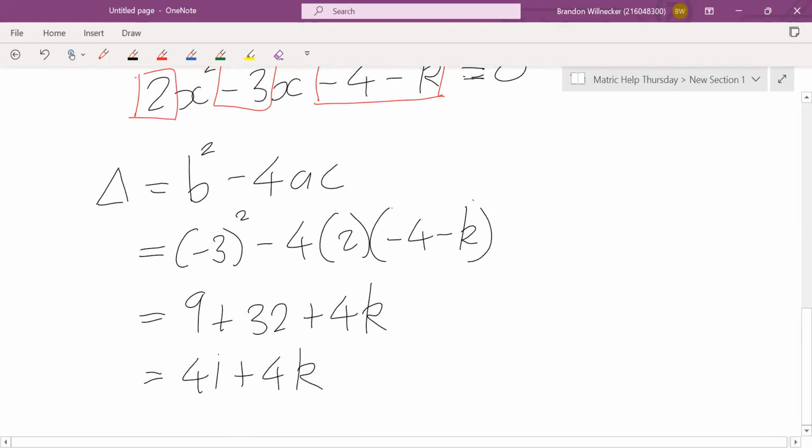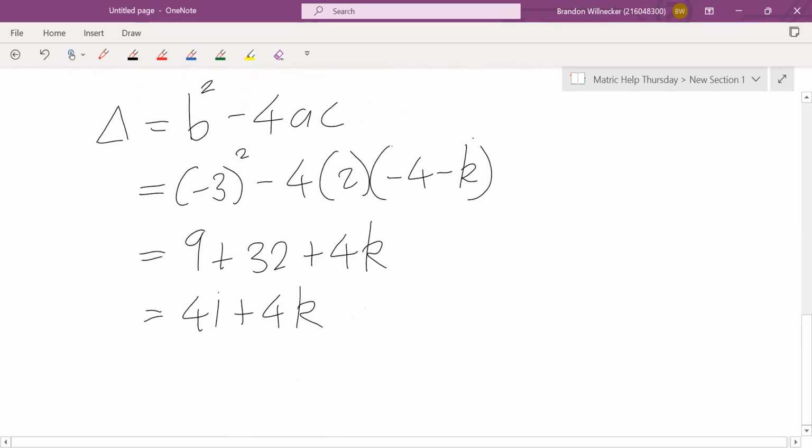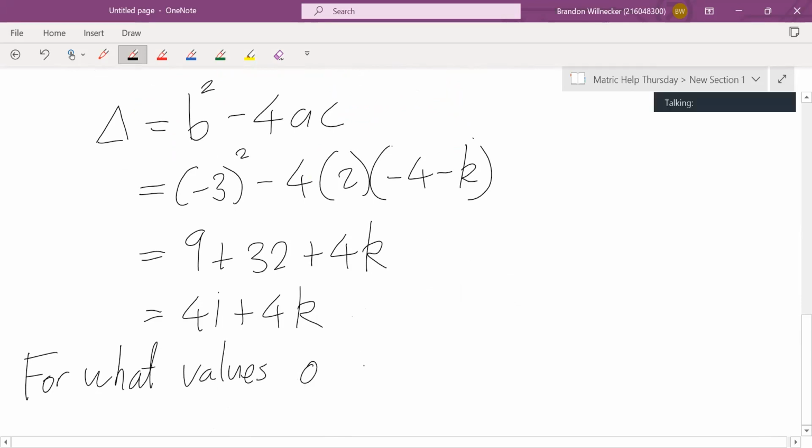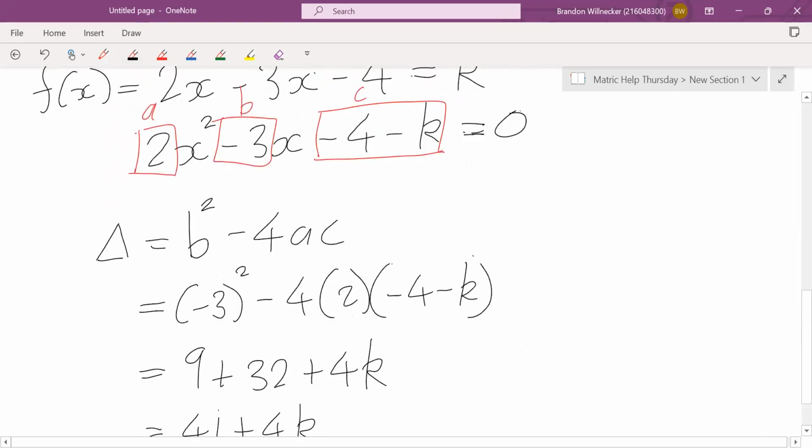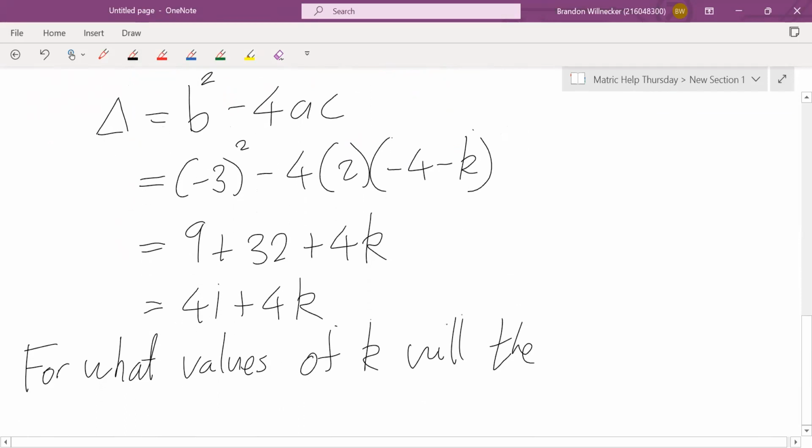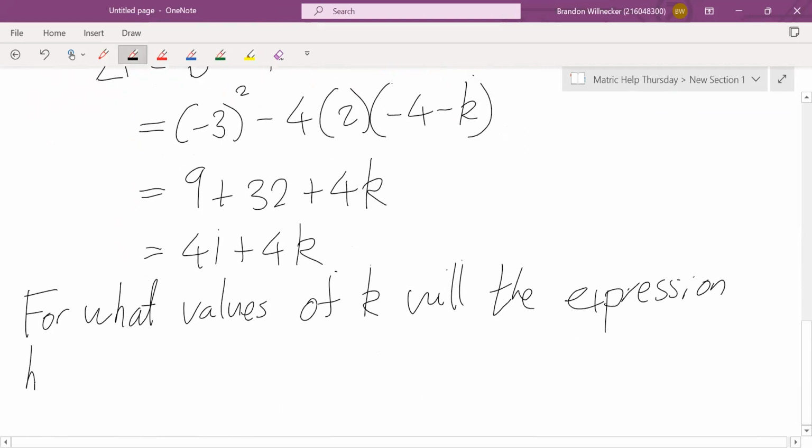So what did we want? We want to know where will this have 2 real roots. So for what values of k will the expression, the one we started off with at the top there, have 2 real roots?